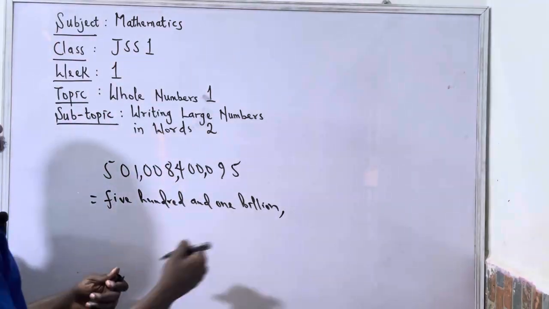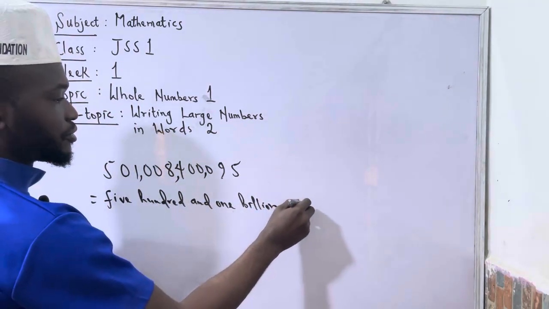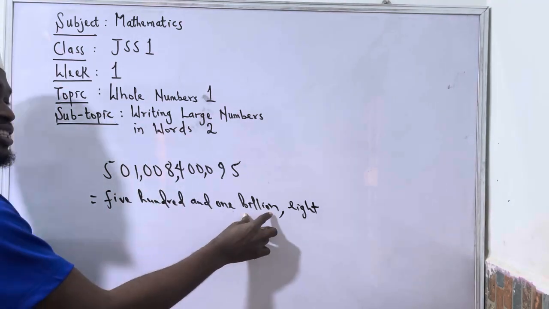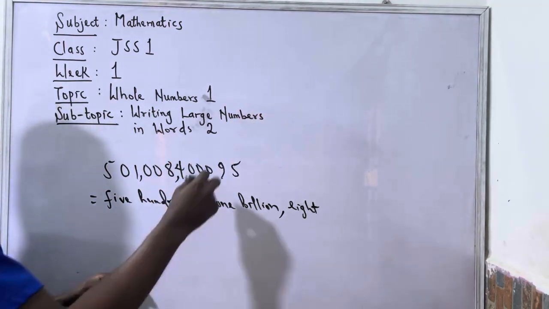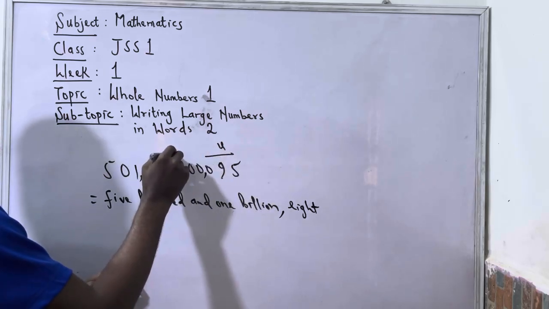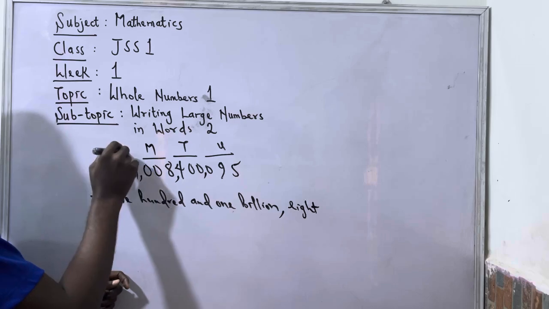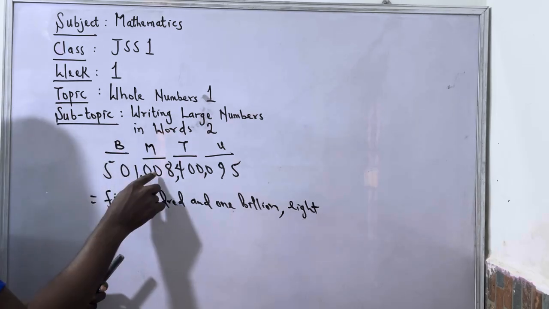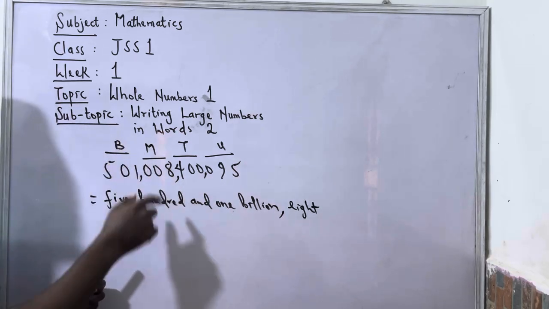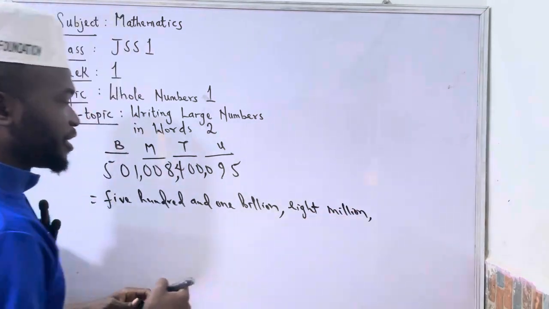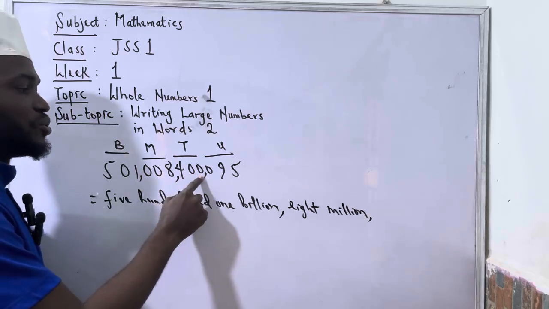I'm just going to write 8. So the next family after the billion, let's say this is the units, this is the thousand, this is the million, and this is the billion. So this is 8 million, right? 8 million, put a comma.